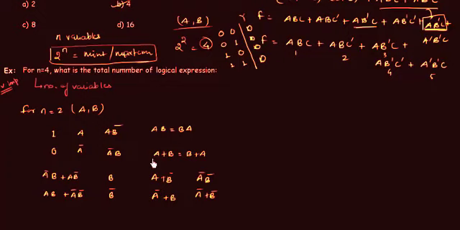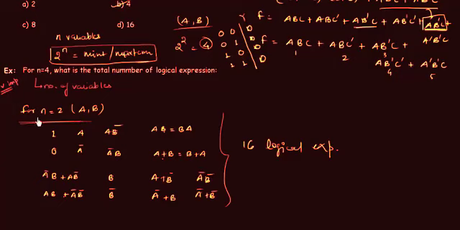And let's see the number of logic expressions that we have. 1, 2, 3, 4, 5, 6, 7, 8, 9, 10, 11, 12, 13, 14, 15 and 16. So in total we have 16 logical expressions for two variables.